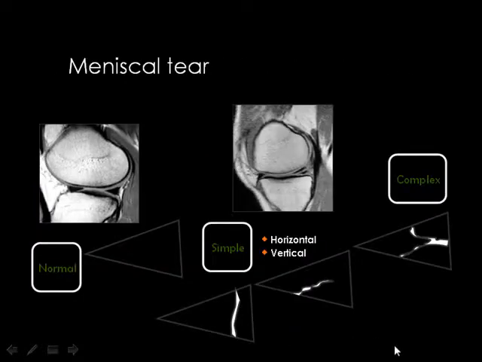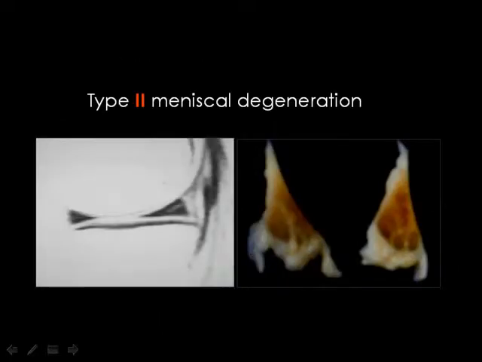Then if you see an abnormality which cuts the border of the meniscus, this is tear, okay, and we have simple tears and complex tears. The simple tears are, okay, first of all, you see this is the medial meniscus and this is the linear abnormality with intact borders of the meniscus.